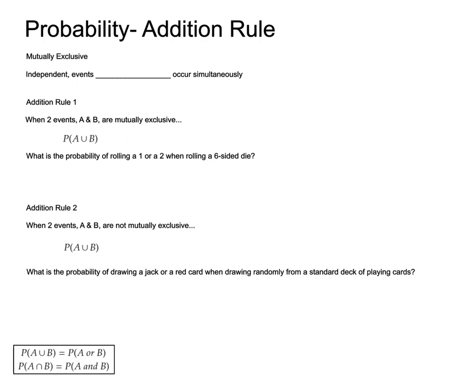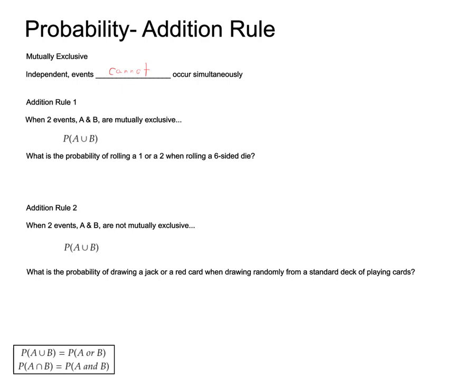Now, before I get into the addition rules, I do want to define what it means for two events to be mutually exclusive. What that means is the events cannot occur simultaneously. As an example, if you are flipping a coin, flipping a heads and flipping a tails on the same flip are mutually exclusive events because you cannot flip both a heads and a tails on a single flip.